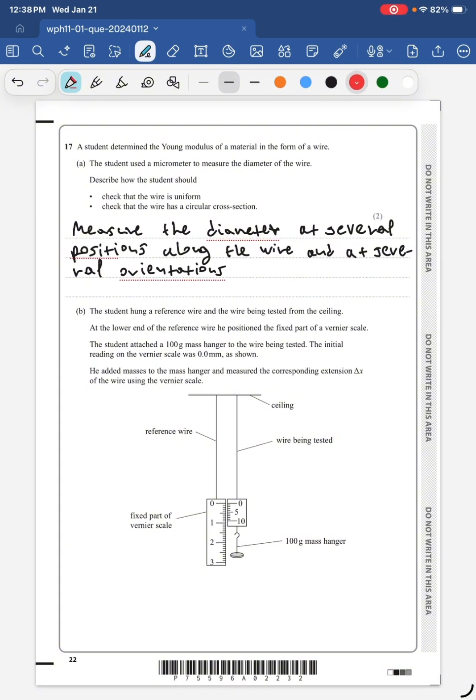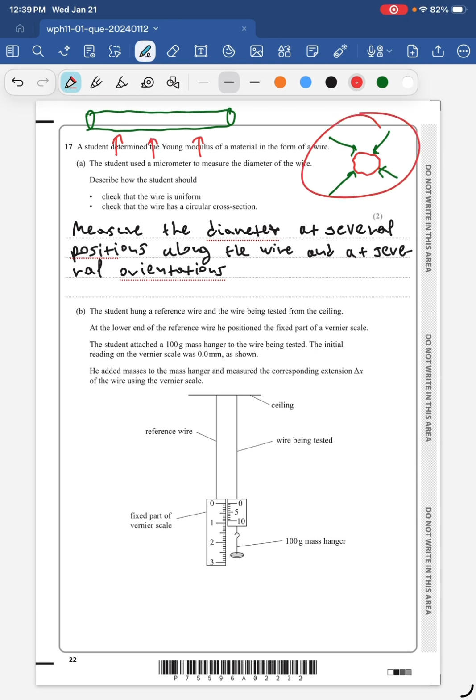Because, for example, the wire might not be completely circular. It might look more like this, okay? So this diameter will be different from this diameter, right? And so on and so forth. And also, if you measure at several different positions, because the wire is like this, you have to measure the diameter here, here, and here, say, and then at several different orientations as I show there, okay? So let's do part B.